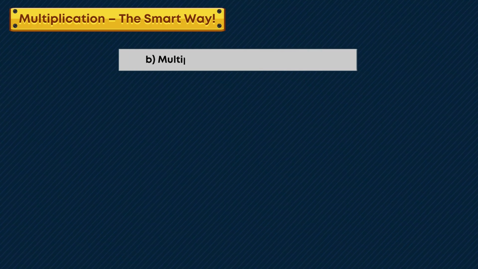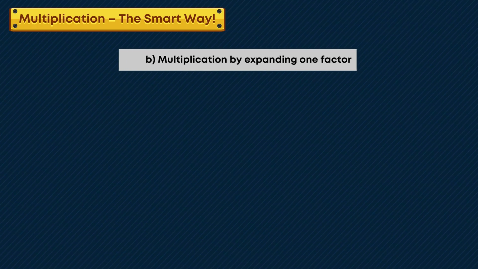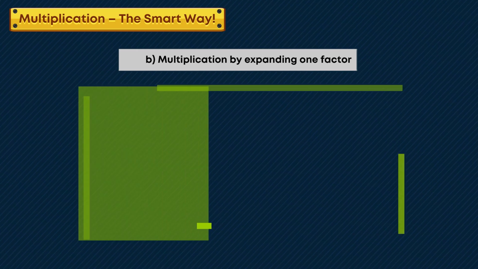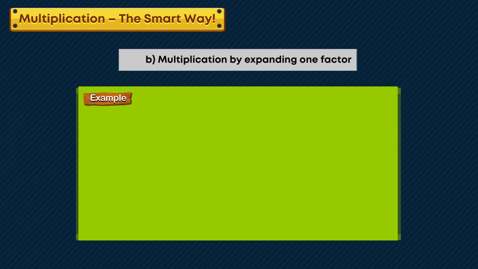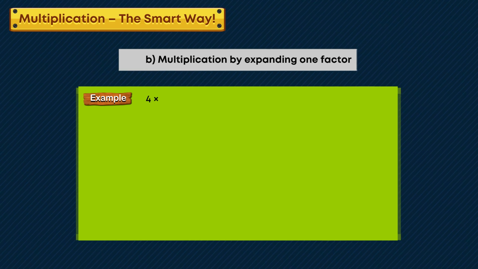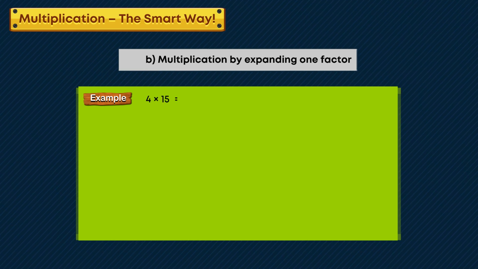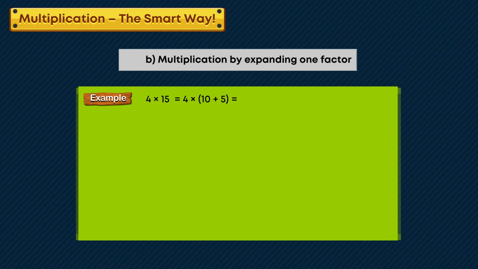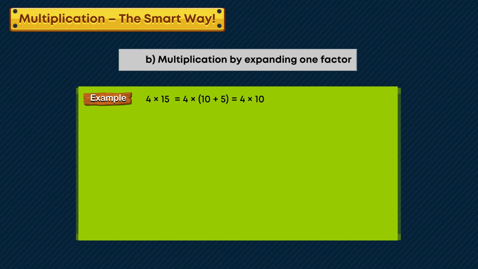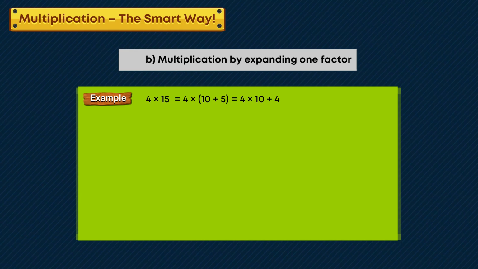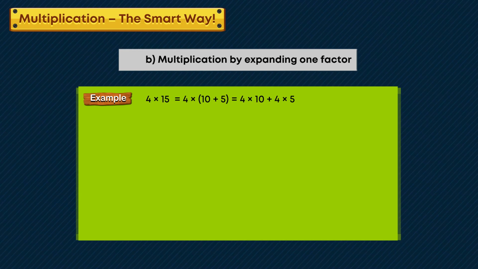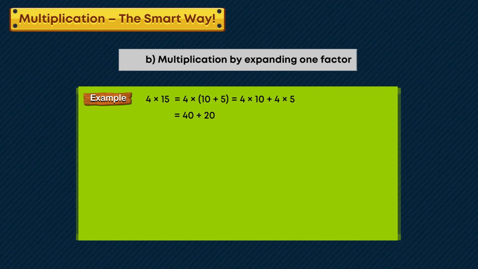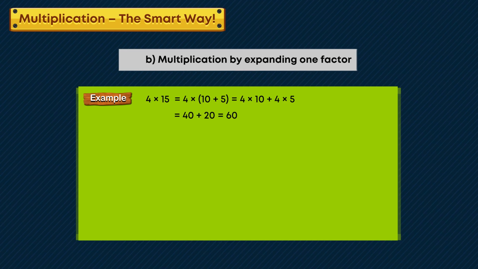B. Multiplication by expanding one factor. Example: 4 into 15 is equal to 4 into 10 plus 5 is equal to 4 into 10 plus 4 into 5 is equal to 40 plus 20 is equal to 60.